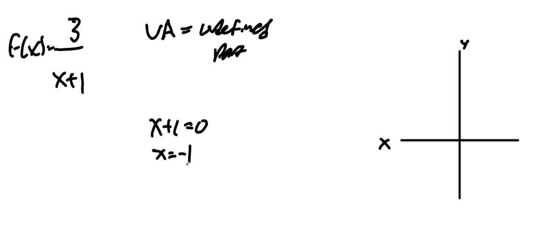As x is approaching negative 1, it's going to be heading towards infinity, because 3 over 0 is undefined. So it's going to be diverging off. It's going to be approaching, but it's never actually going to touch that line. So if we set up a little asymptote here, let's say this is negative 1.